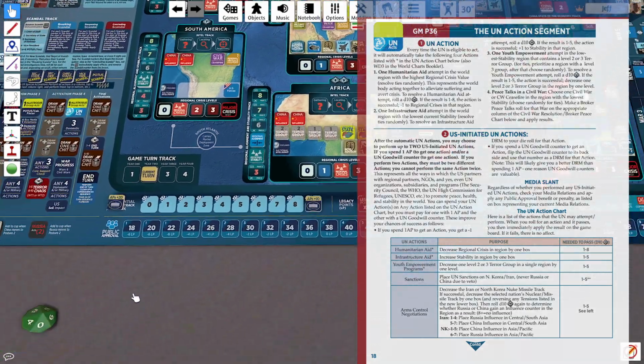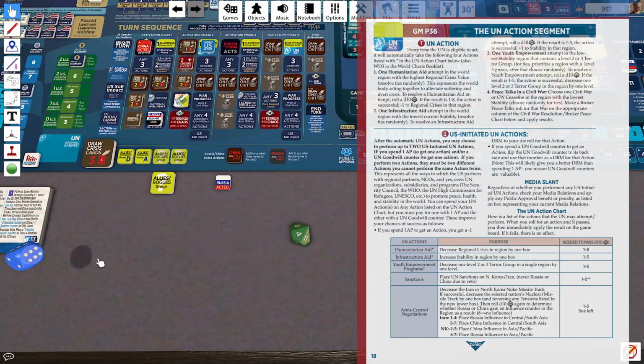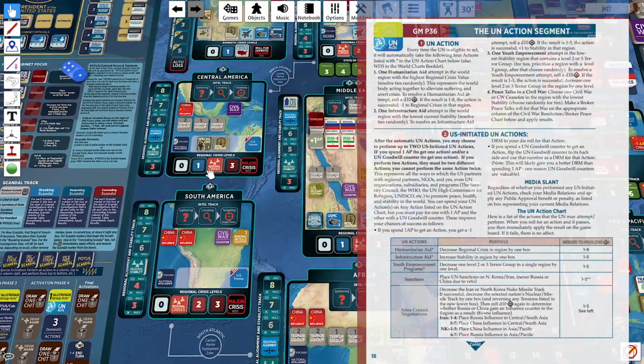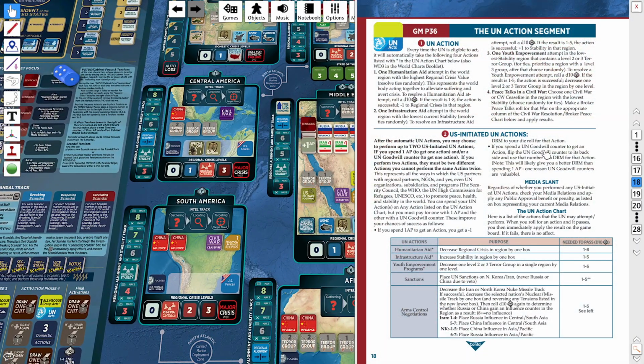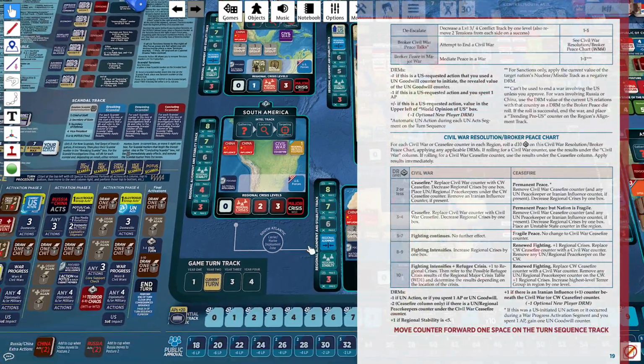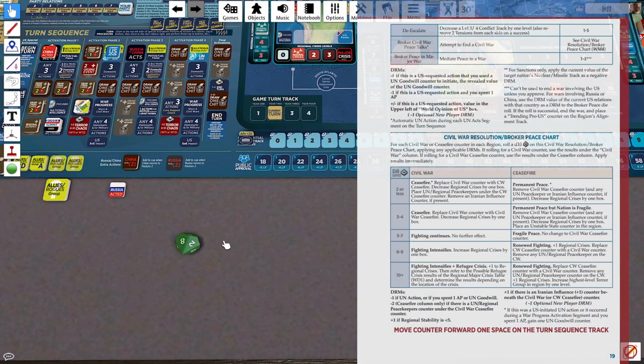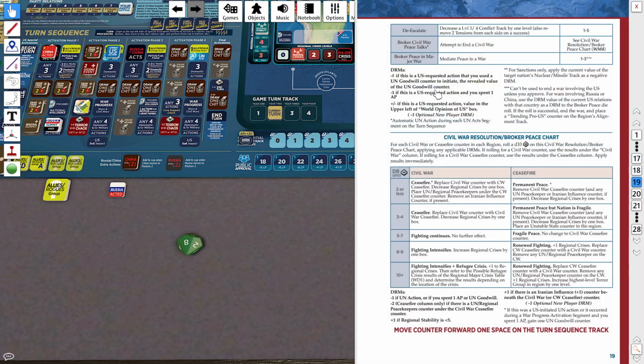Again, same ones. That's Central America. We're going to roll. It's an 8. Minus 1 is 7. I'm sorry, down here, minus 1 is 7.